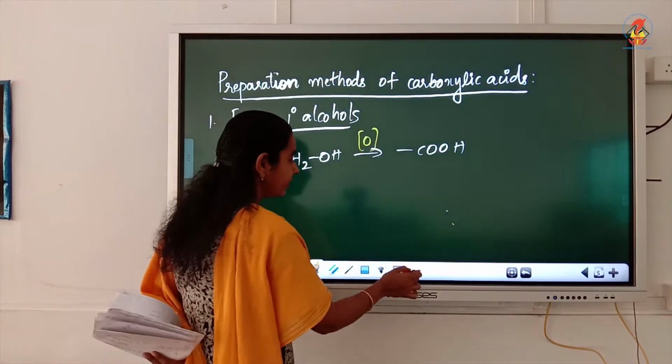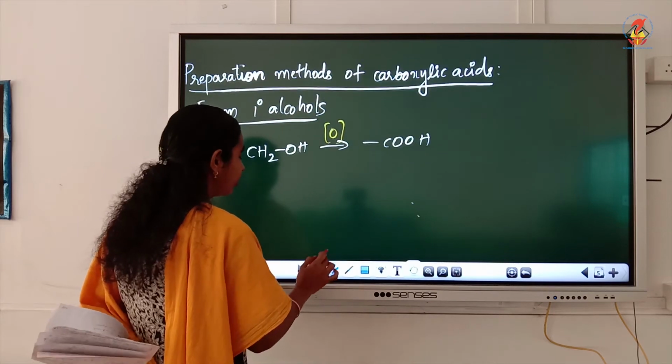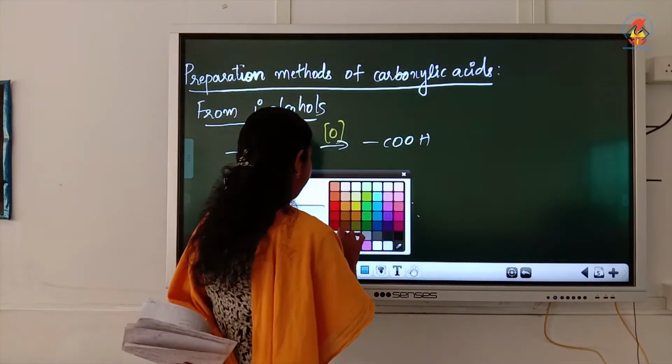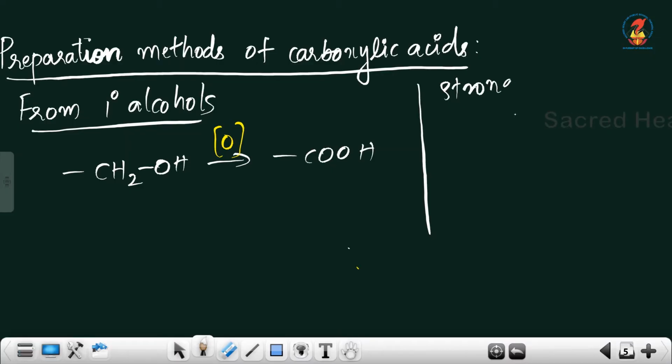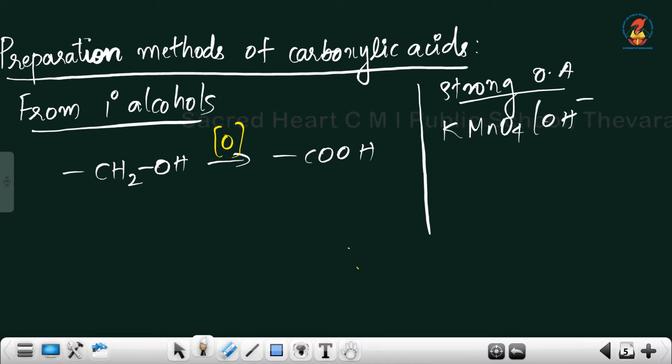So what are the examples of strong oxidizing agents? The strong oxidizing agents examples are alkaline KMnO4, we can represent it as KMnO4 bar OH minus. Acidified potassium dichromate can be written as K2Cr2O7 bar H plus.